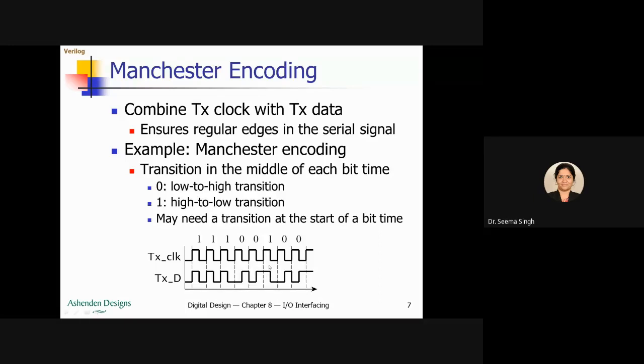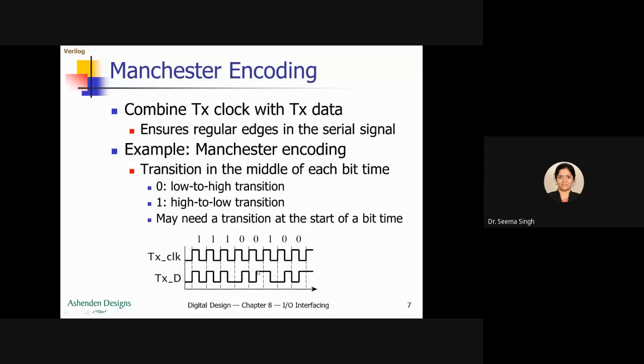Now again, when you have to transmit a 1 here, it is transmitting the data as 1 to 0. So you can see how the clock is synchronized with the data. It is using the clock only to transmit the data. If the change is happening 1 to 0, it means it is transmitting a 1. When it is transmitting a 0, it will become 0 to 1.